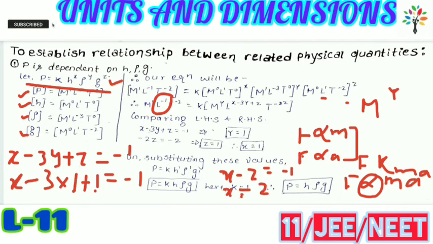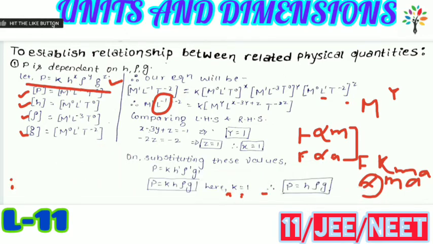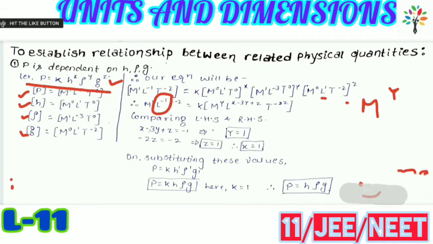So x minus 3 into 1 plus 1 is equal to minus 1. So minus 3 into 1 is minus 3, plus 1 is minus 2. x minus 2 is equal to minus 1. So x is equal to, this will move to the RHS, plus 2 minus 1, which means x is equal to 1. So we have x is equal to 1, y is equal to 1 and z is equal to 1.